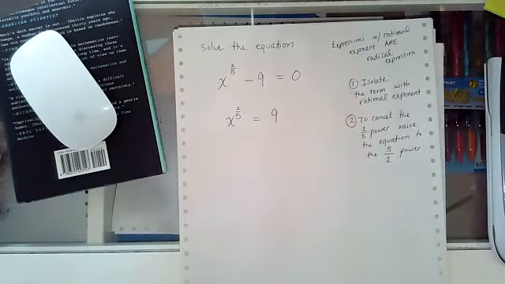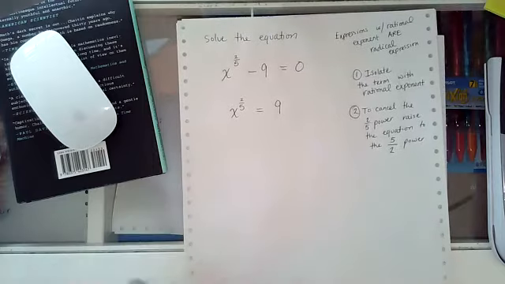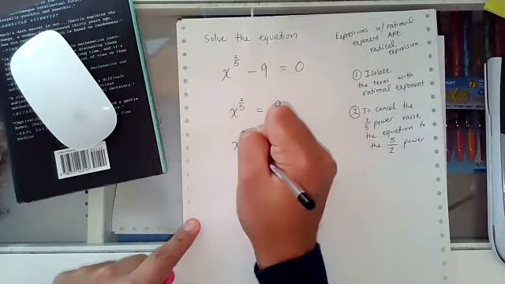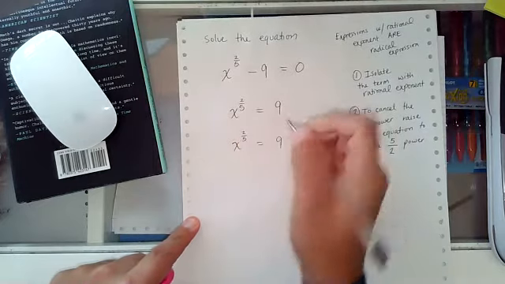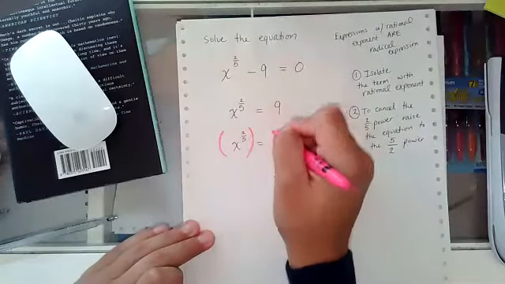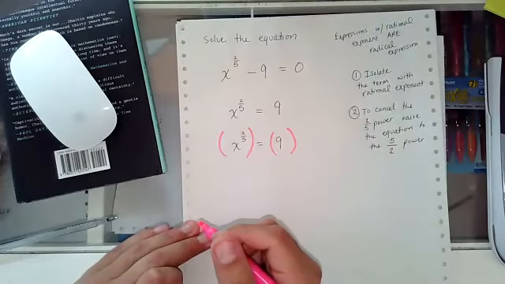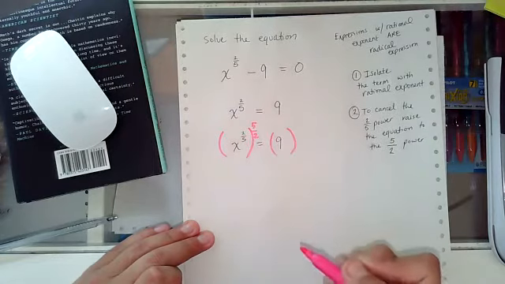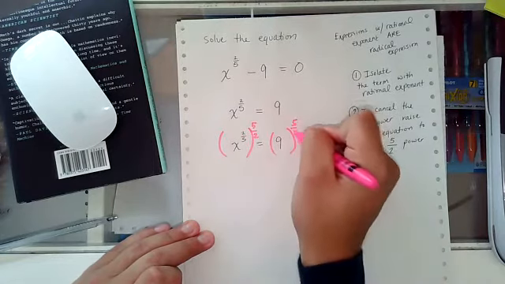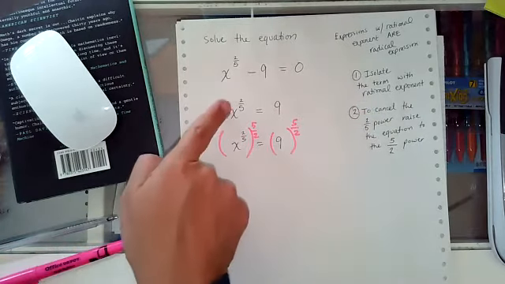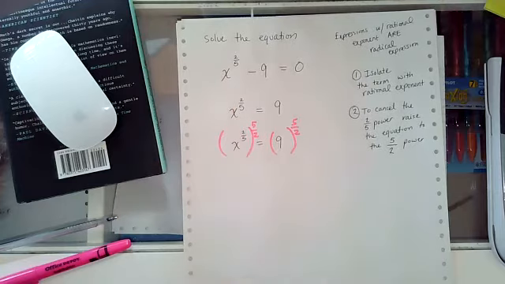We want to use the reciprocal power. So I'll write the equation down. We'll throw parentheses around both sides. And we're going to raise this to the 5 over 2 power on both sides of the equation. Remember, we're trying to cancel out this power so that we get x by itself.